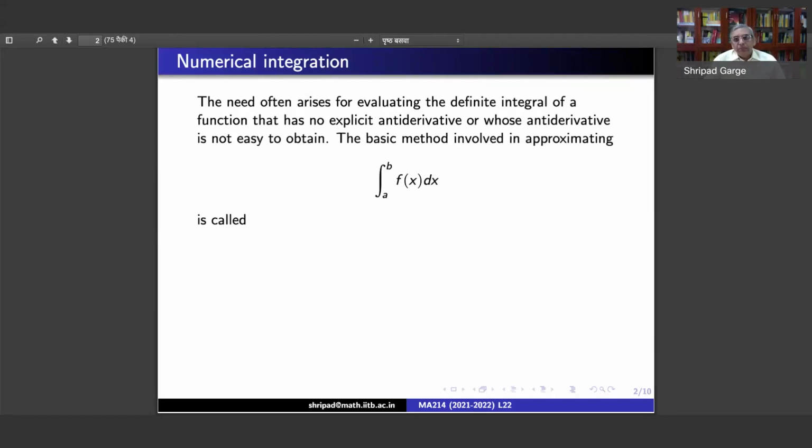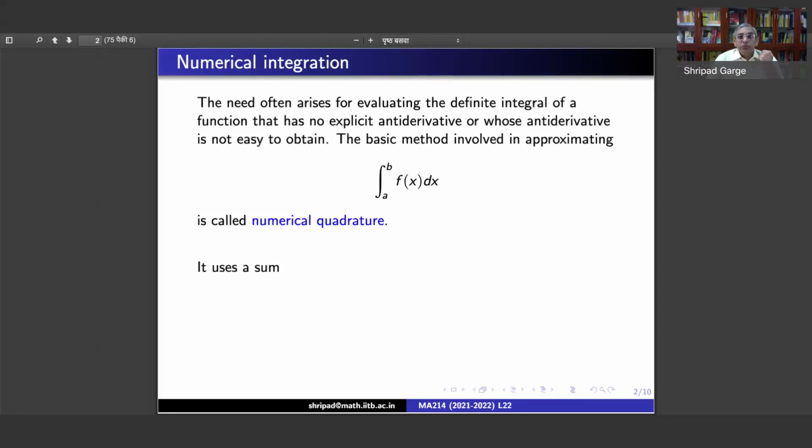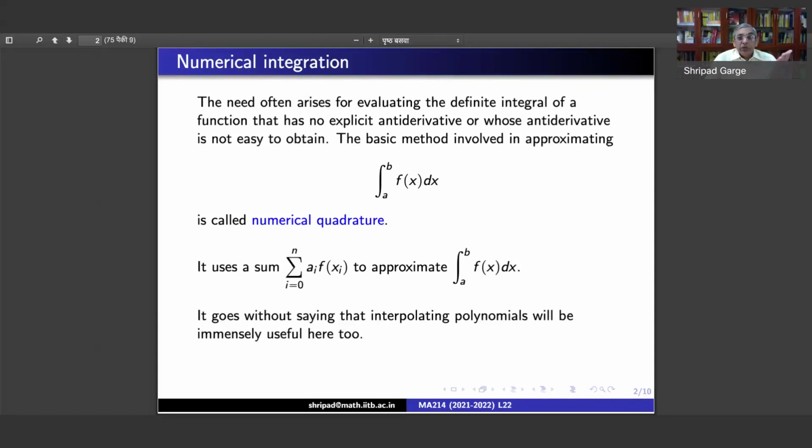The basic method involved in the approximation of the integrals is called numerical quadrature. What we would do is use a summation ai f(xi) for i equal to 0 to n to compute this integral in an approximate way. And of course, we are going to use interpolating polynomials in a big way.